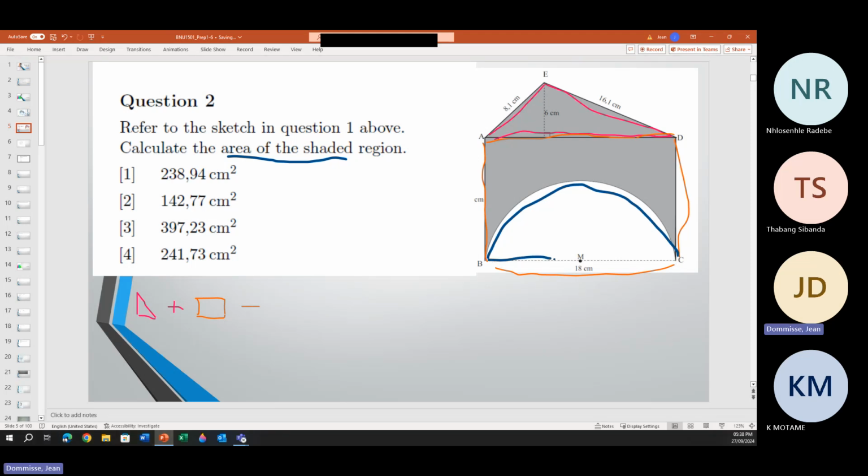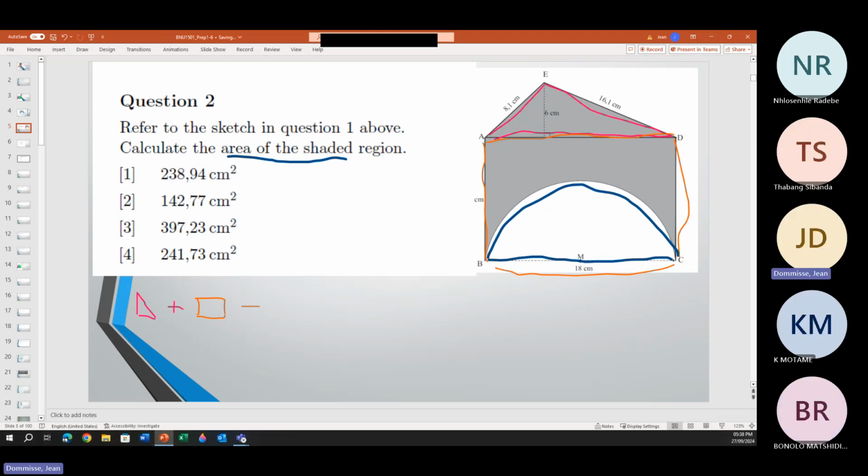Okay, so that is how we're going to work this out. So the area of the triangle plus the area of the square minus the area of the semicircle will give us the total area that we're looking for.